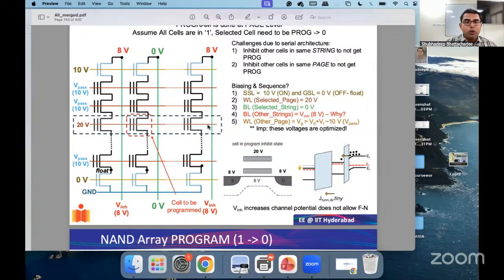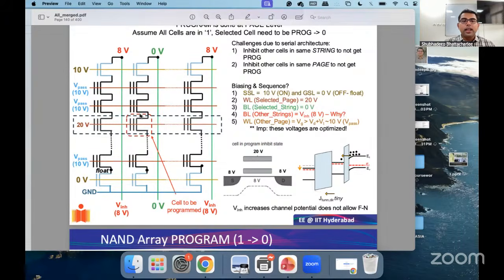And the question was, suppose we have this particular string and all of them are erased. And the idea is I want to just program one out of these 3 strings. Remember, a string is defined as an array of cells which have a common bit line. So here, we were trying to program this particular cell.